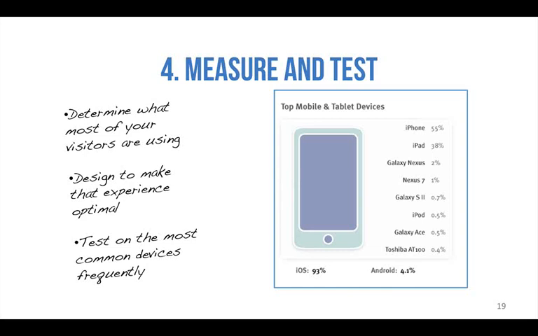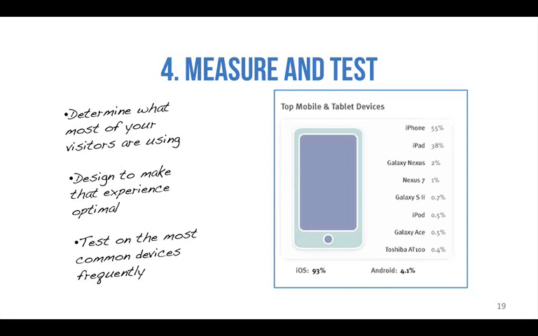And then finally, you want to test your site on the most common devices pretty frequently. So get the iPhone, get the iPad, get an Android, and have your friend that has the Android, if you have the iPhone or whatever, pull up your site for your business. Once a month, take a look at it and make sure everything works properly, because you want to make sure that everybody's having a positive experience on your site.